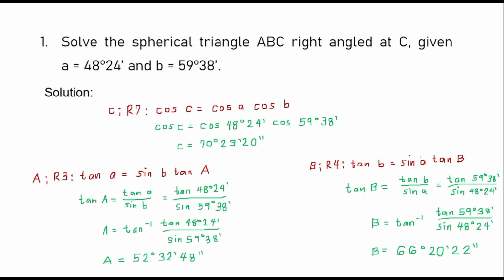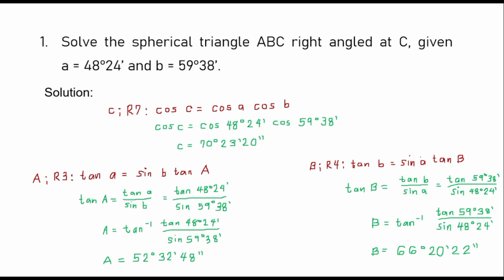Then lastly, we solve for b. We use the formula rule number 4, which is tangent b is equal to sine a times tangent B. So we have tangent b is equal to tan B over sine A. So substitute. We have B is 59 degrees 38 minutes, and A is equal to 48 degrees 24 minutes.